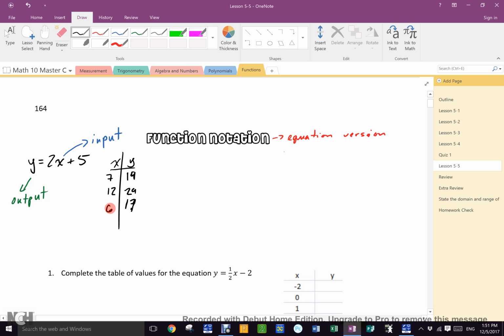What did we do? We did math, but what did we do with that x value? We wrote it out the first time. 2 times 7 plus 5, right? We input that value to our equation, correct? Everybody with me? Okay.